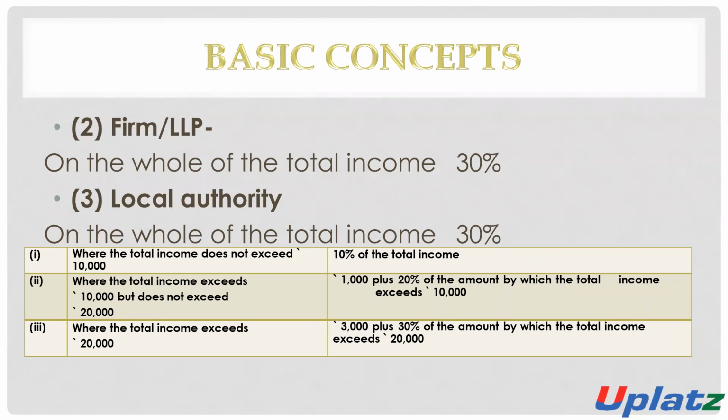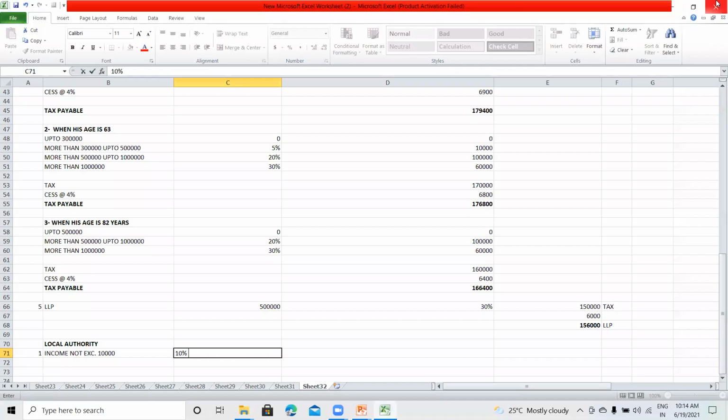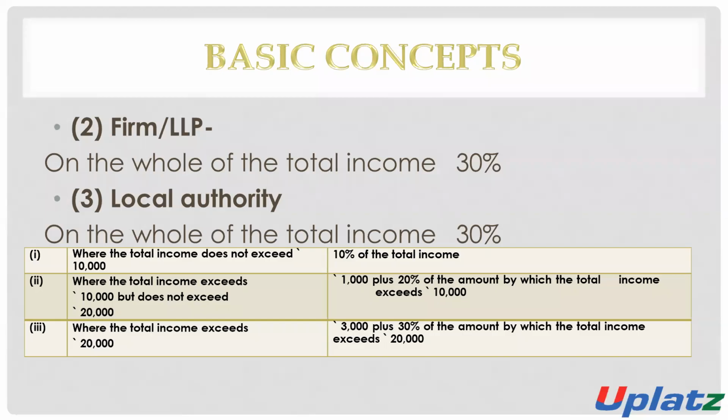Number two, where the total income exceeds 10,000 but is up to 20,000, in this case 1,000 plus 20% of the excess of 10,000.